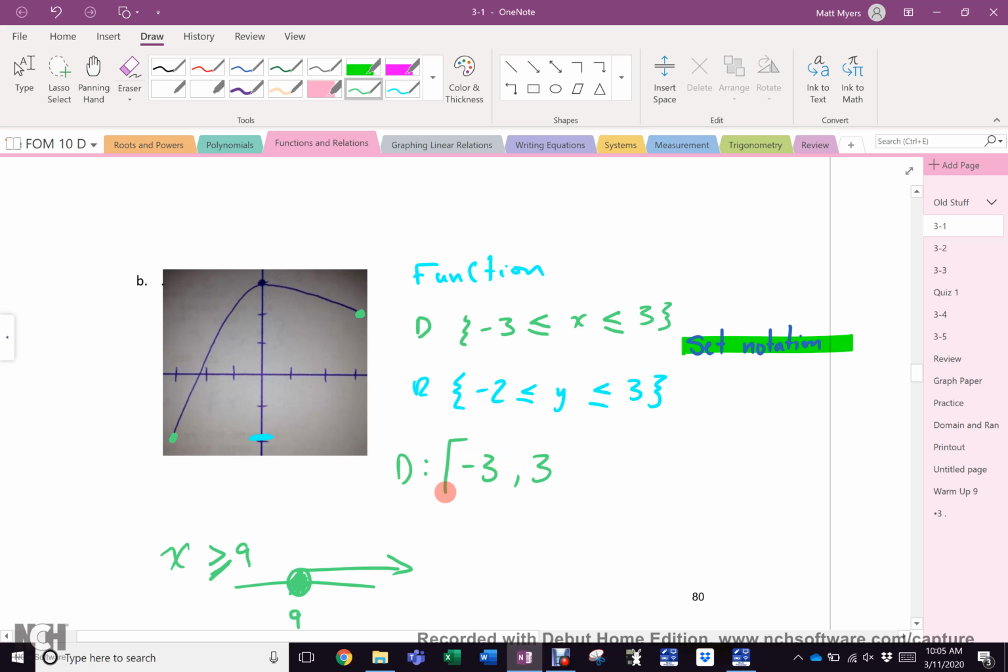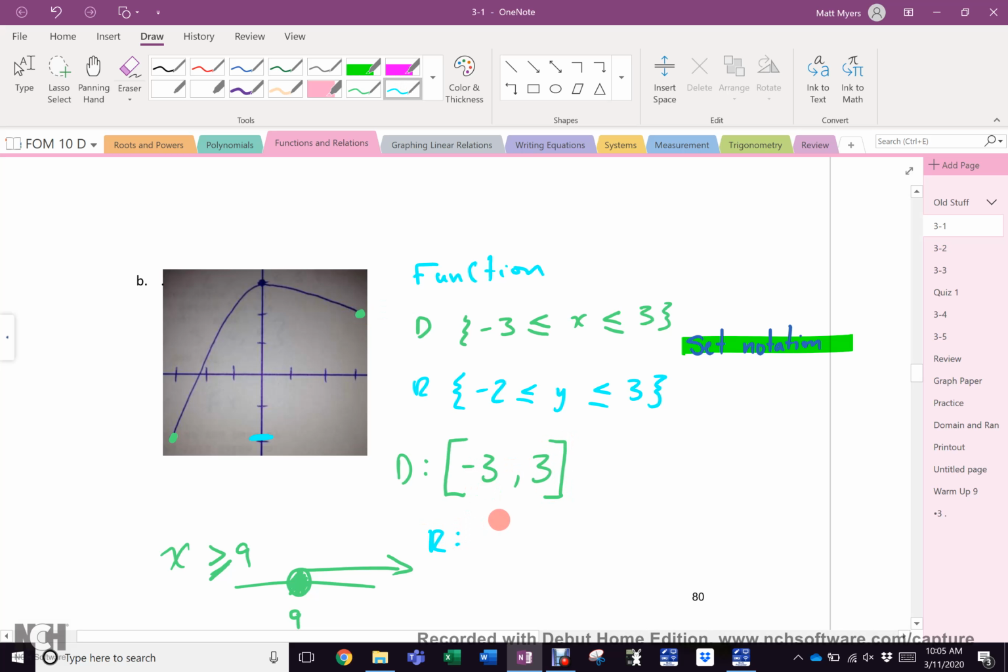So we put a square bracket. Now there are some kids that call this a hard bracket. Whatever you call it, I don't care. Is this 3 included? So we put a hard bracket. Everybody cool? So what would the range be in this type of notation?